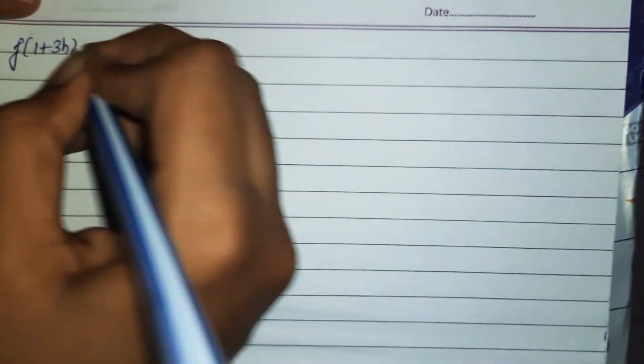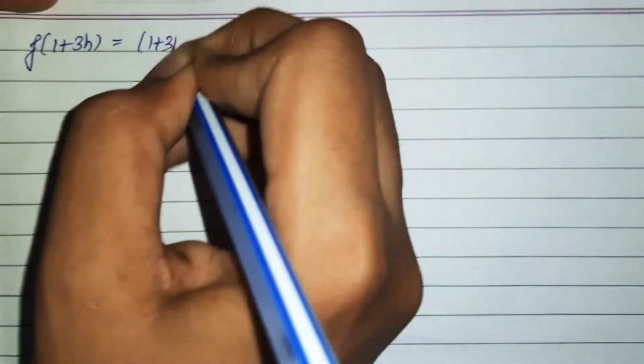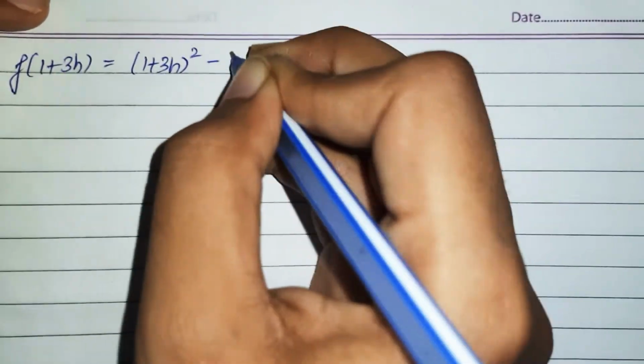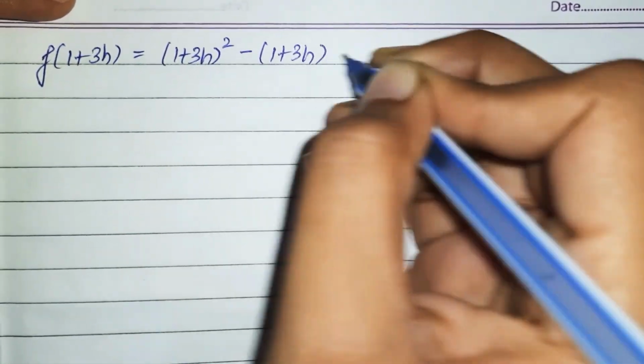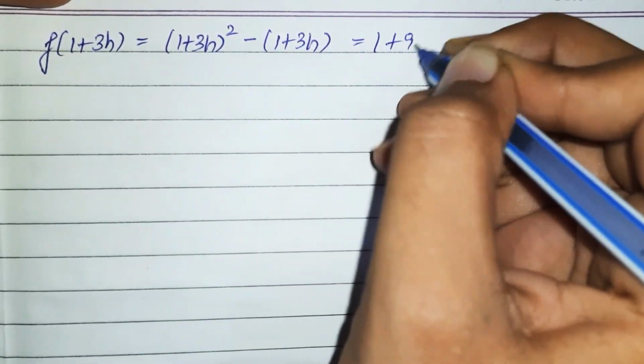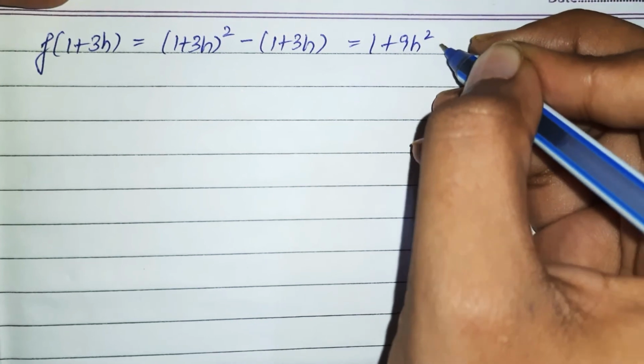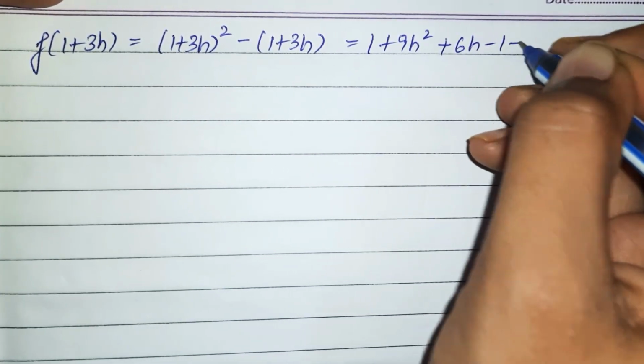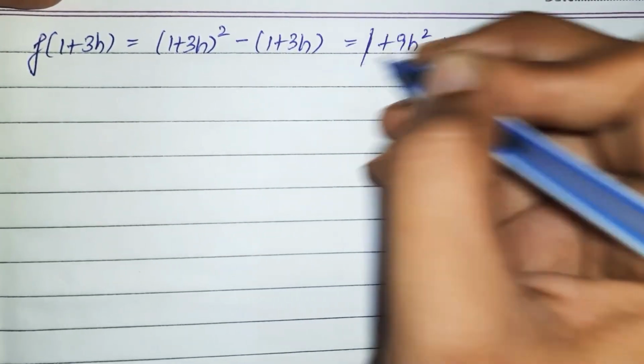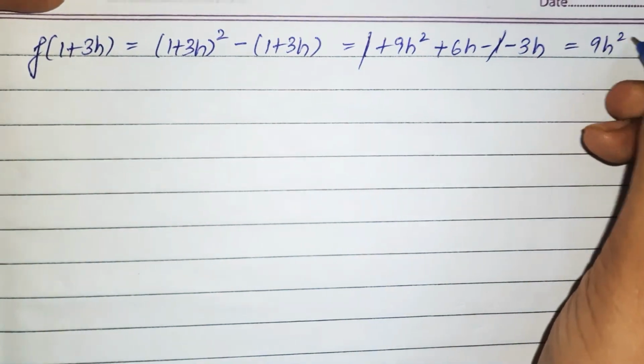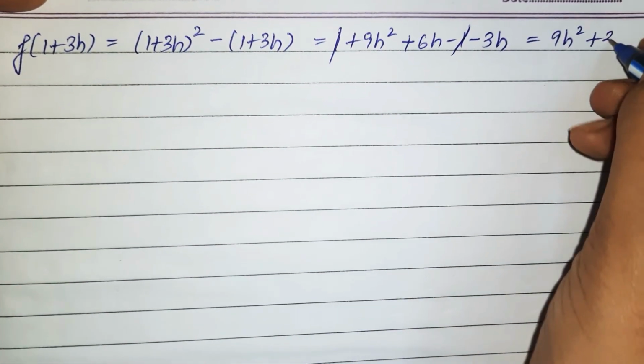Now come to the next term. f of 1 plus 3h. So 1 plus 3h whole square minus 1 plus 3h. So a square plus b square plus 2ab, 6h, minus 1 minus 3h. So 1 will cancel out. So 9h square, and this 6 minus 3, 3h.